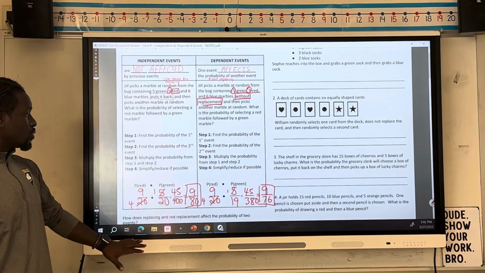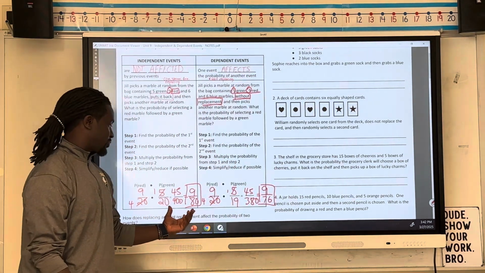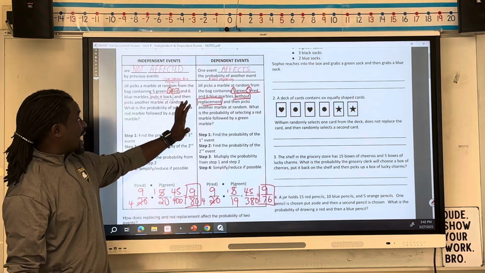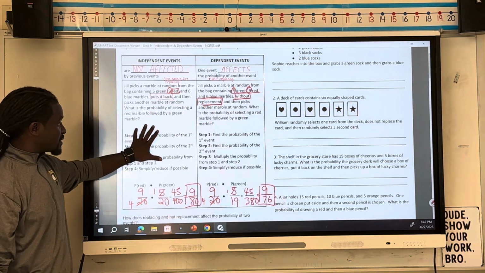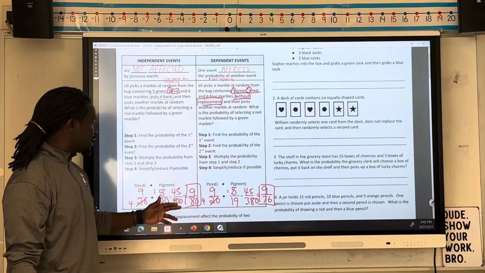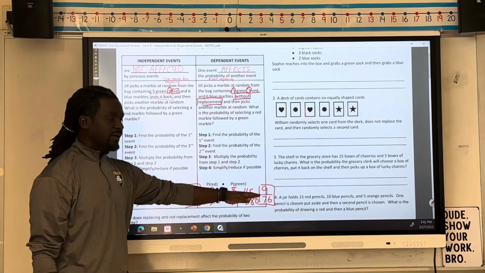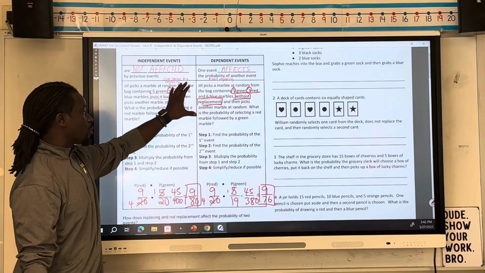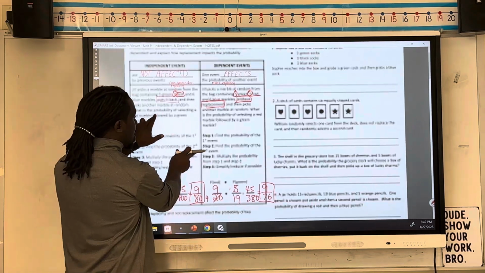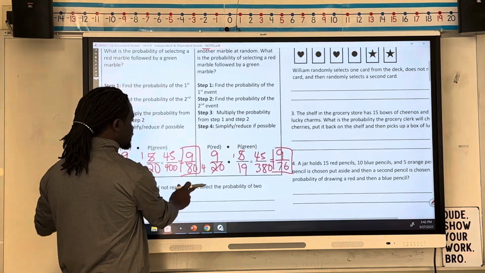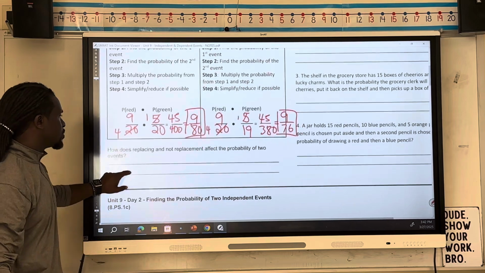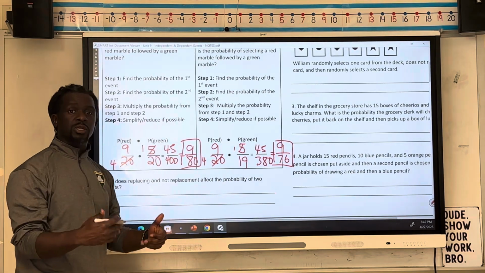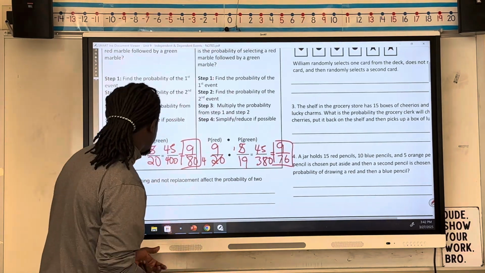All right. So what you should notice is, again, the same scenario, if one is independent, it's going to have a different probability than if it's a dependent event. We're going to talk more about this later. But all we're doing today is I want us to be able to determine whether it's an independent or a dependent event.